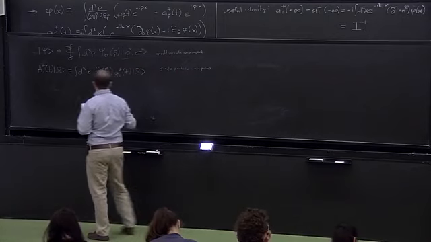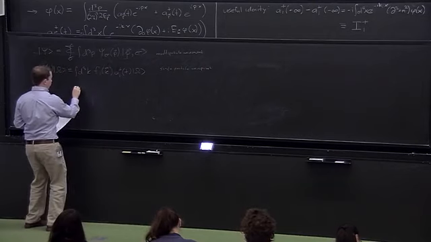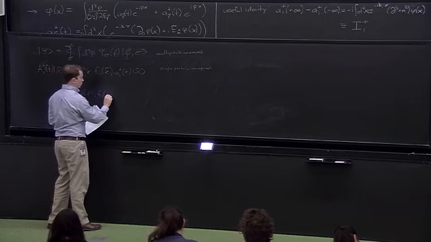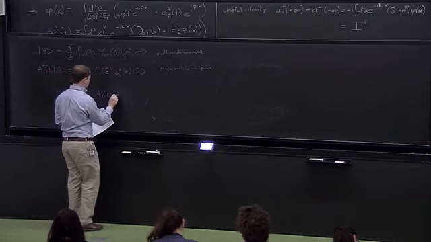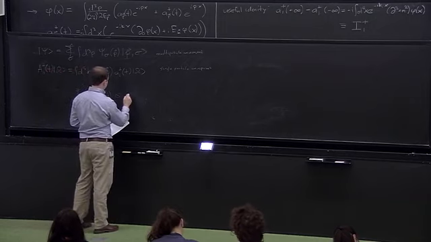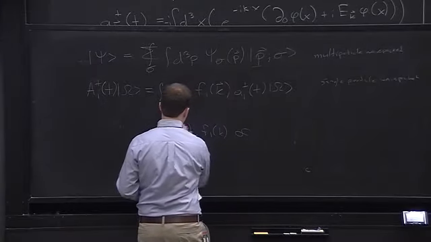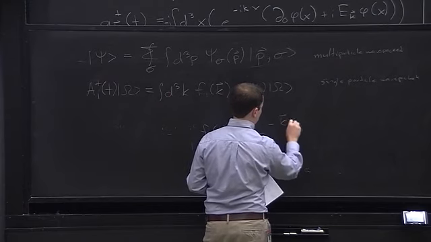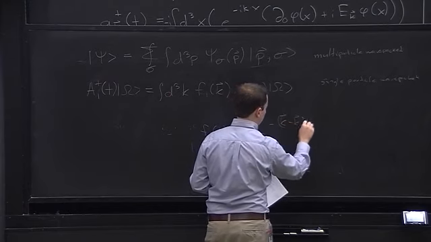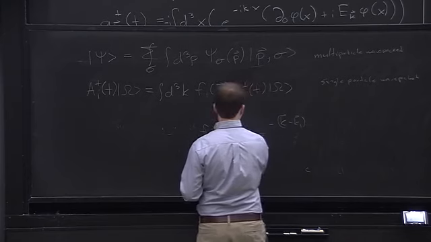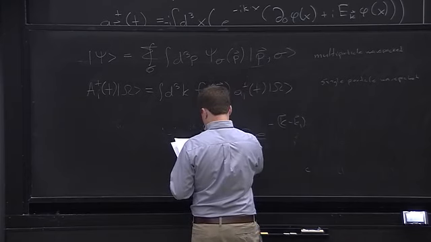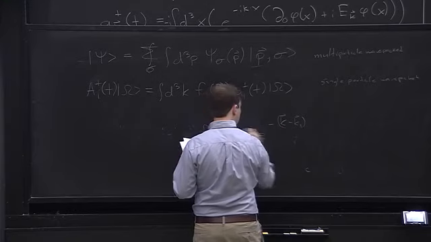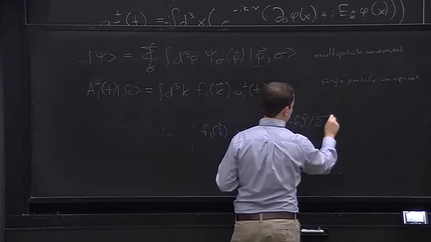And you can think of psi sigma and F1 of k as, for instance, being Gaussians. So, for instance, F1 of k could be a Gaussian like e to the minus (k minus k1) squared over some width.